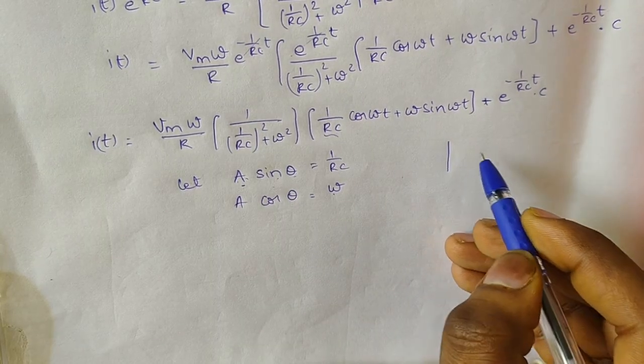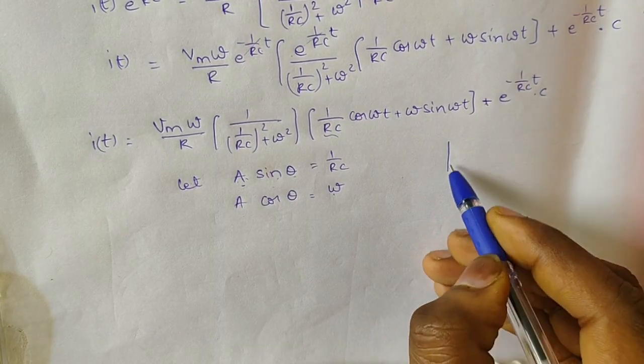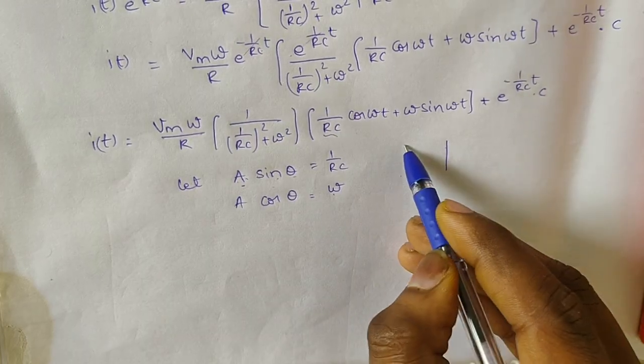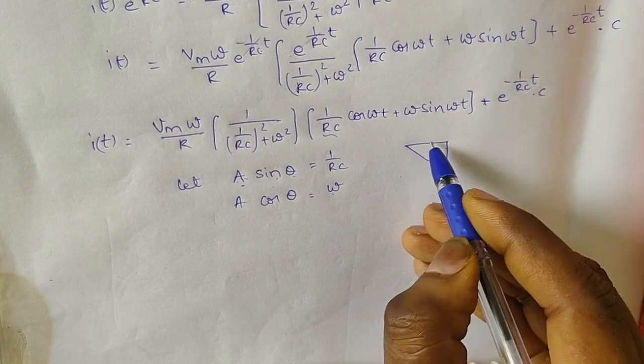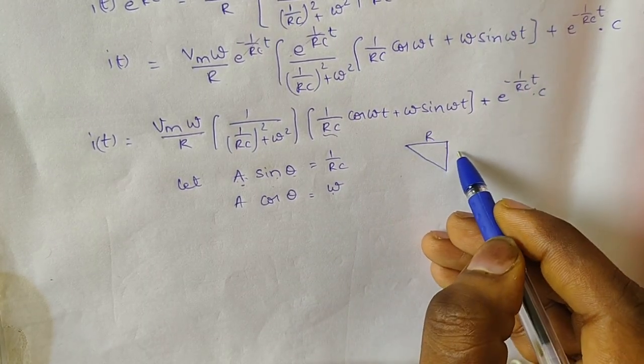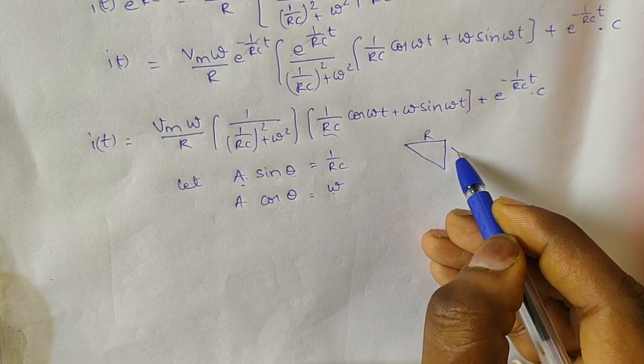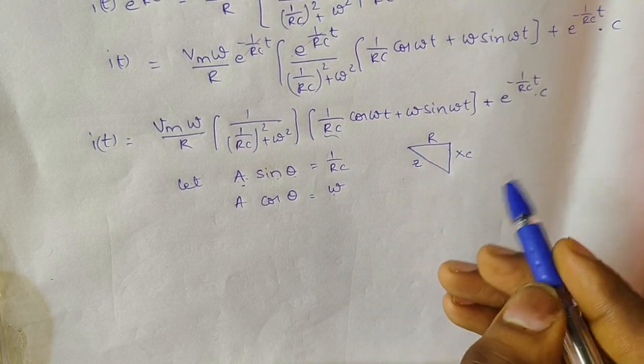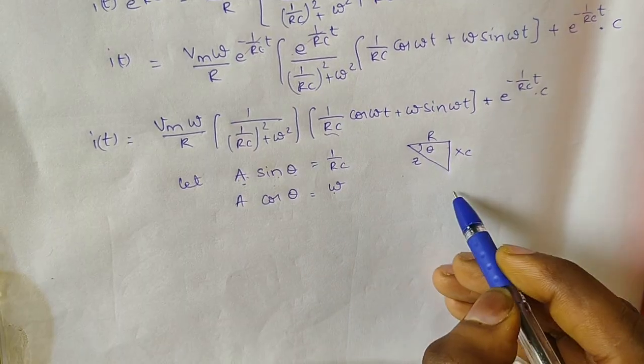From the impedance triangle we know that this is R, this is XC and Z, and this is angle theta.